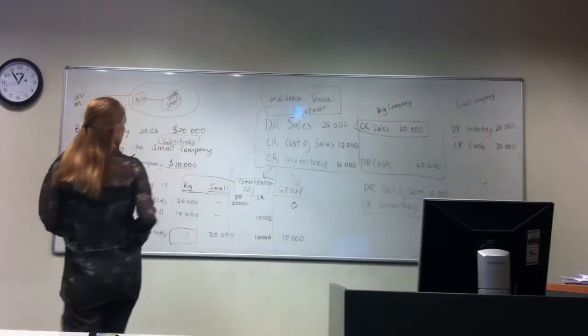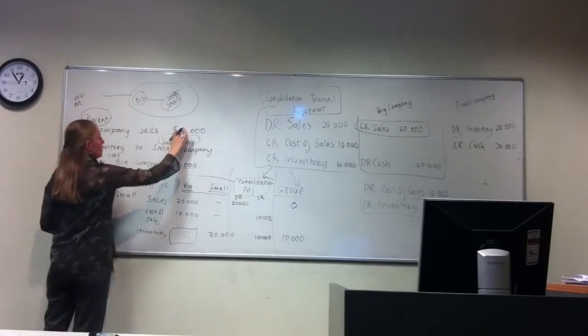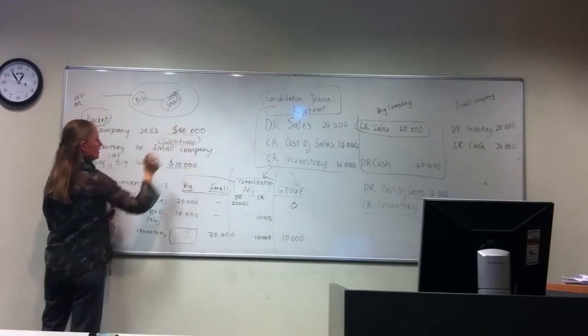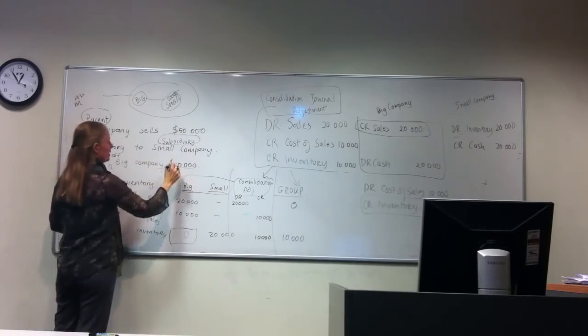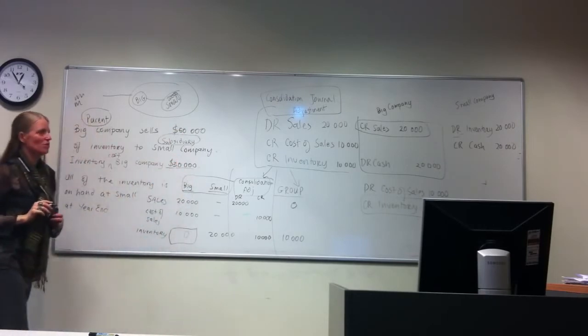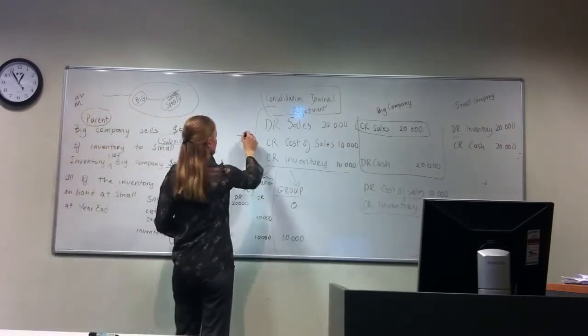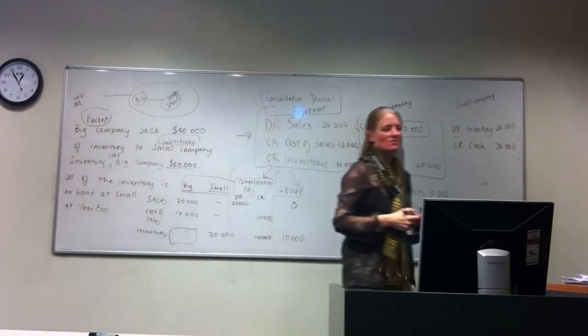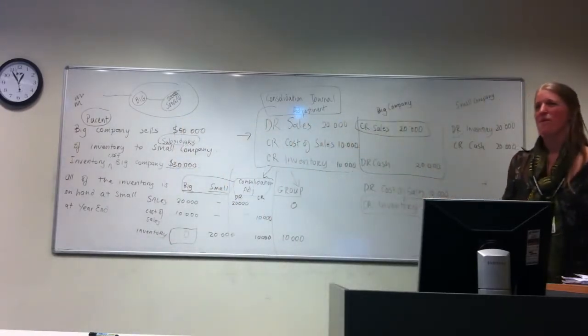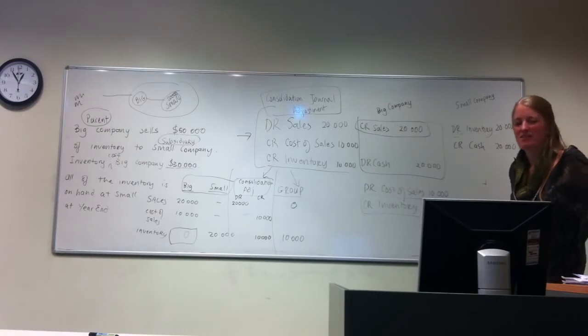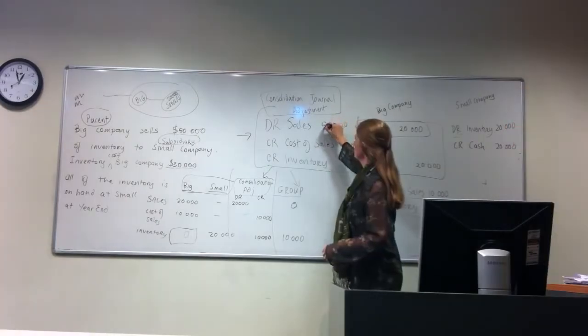Okay, what I'm going to do is give you another one. So I'm going to change that to 50. I'm going to change that to 30. And I want you to do this journal entry here. So debit sales will be 50.